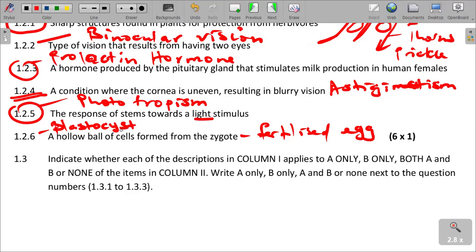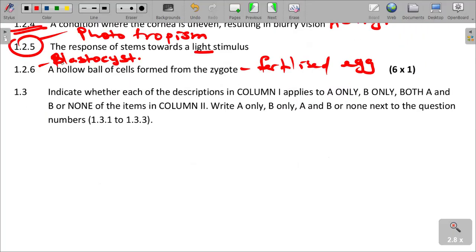A blastocyst. I remember also that there are questions which ask you to identify or put as a flow diagram the stages from fertilization to birth, so you need to know the developmental sequences or developmental stages that you need to take note of there.